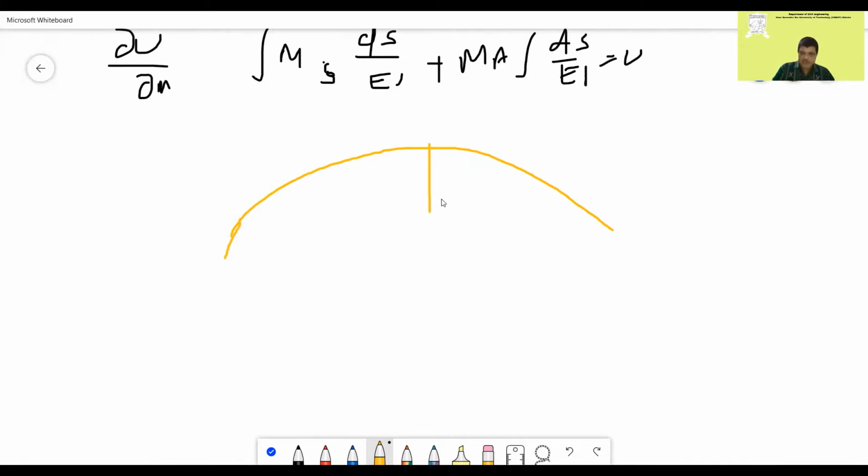Now, if you take the elastic center O as the origin of x and y, and connect it with the end A, imagine a connection between this elastic center O and the end A by a rigid arm as shown in the figure. So the fixed end point A and the elastic center are connected by a rigid arm.